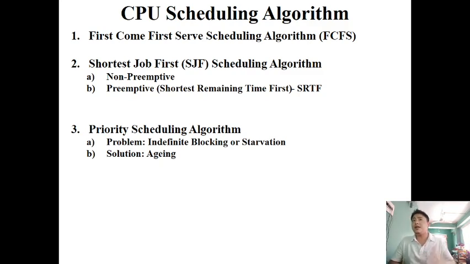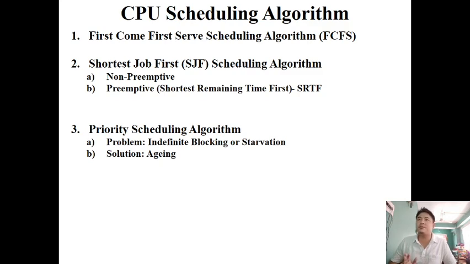Now I'd like you to pay attention here. In my previous session, somewhere in the slide, I used the word aging. Maybe in the problem or the solution, please correlate it and rectify it accordingly, right? So the problem of SJF or the priority scheduling algorithm is the starvation problem, and the solution is aging.